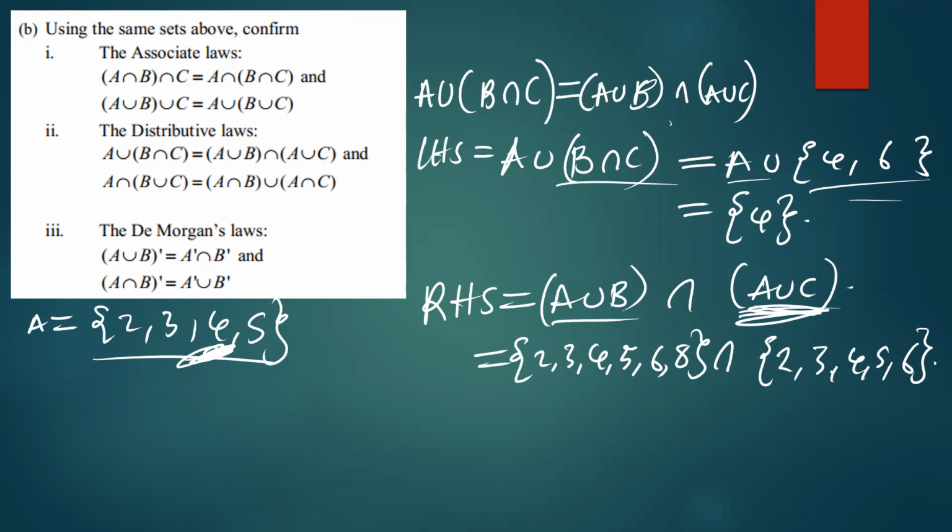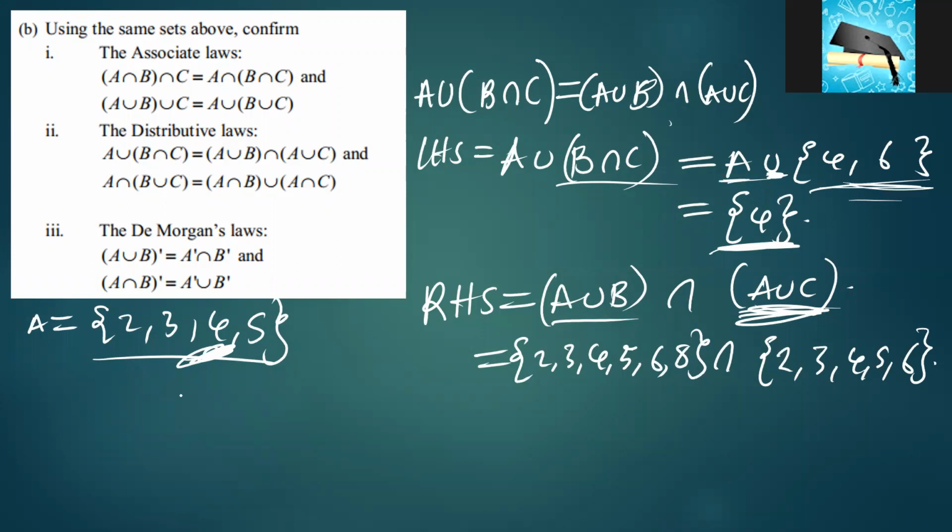Oh, sorry. There was a mistake here. I thought this was intersection, and no one could even notice that this is union. So in finding this, we're not supposed to find the common elements. Instead, we're supposed to add set A to this set. So our set A is here, so we add it to this set.